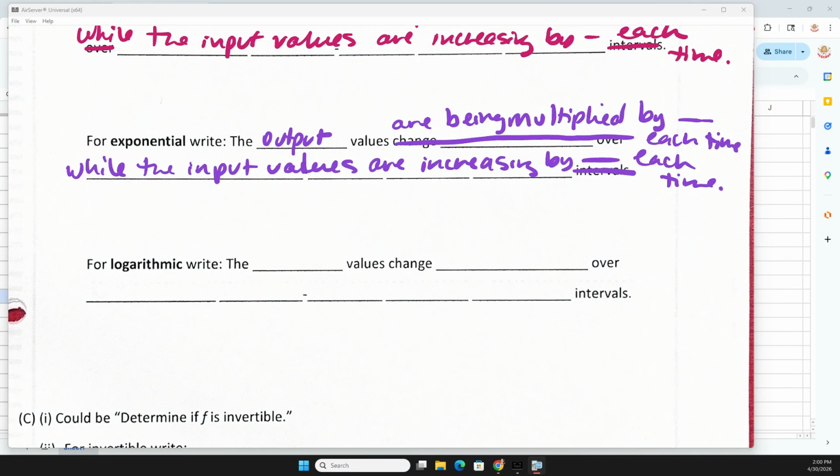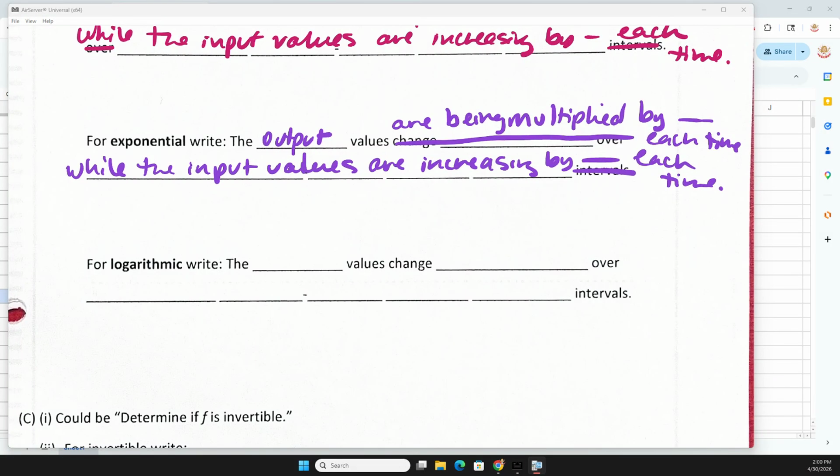So who remembers logarithmic? The input values are being multiplied and the output values are increasing. So it helps if you remember exponential and logarithmic are inverses. So basically input and output are going to switch.